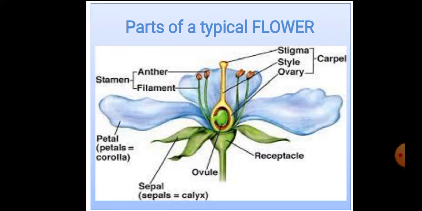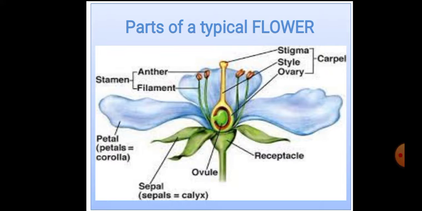The third whorl is the androecium, which consists of stamens. I think you might have seen in this picture, stamen is the third whorl and is also called the male reproductive organ. And the fourth innermost whorl is called carpel, comprising stigma, style and ovary.